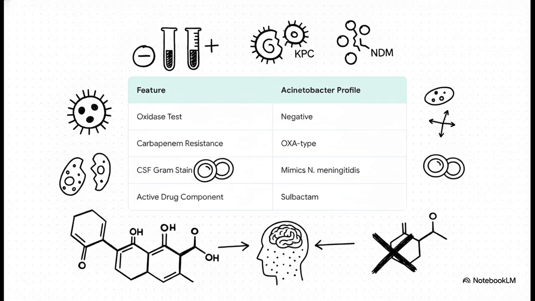Acinetobacter uses OXA-type carbapenemases, completely contrasting with the KPC or NDM you see in other bugs. Third, the CSF gram stain mimic. Post-surgical meningitis with a petechial rash is not always Neisseria meningitidis. Remember our gram-negative paired cocci mimic. And finally, the active drug component. It's the sulbactam doing the heavy lifting through intrinsic PBP binding, not the ampicillin. Take a mental snapshot of all of this right now.